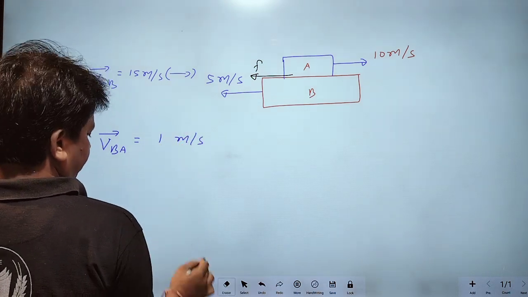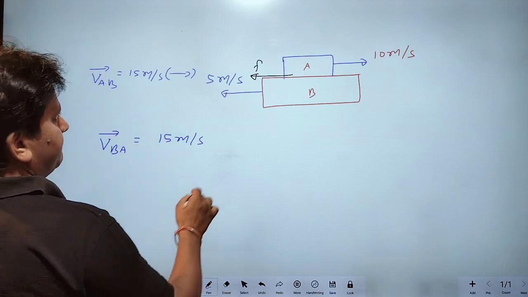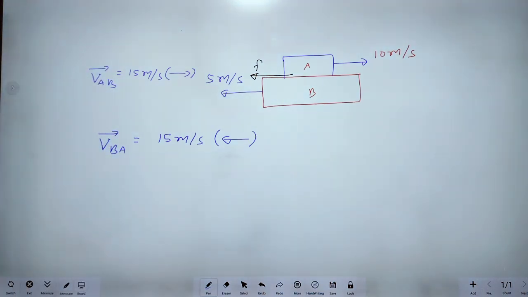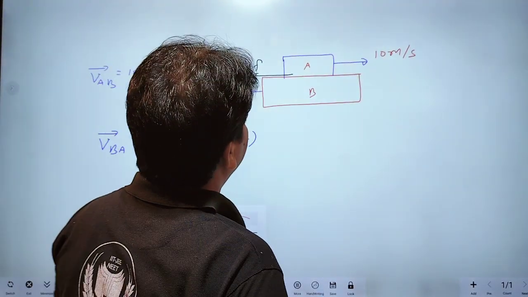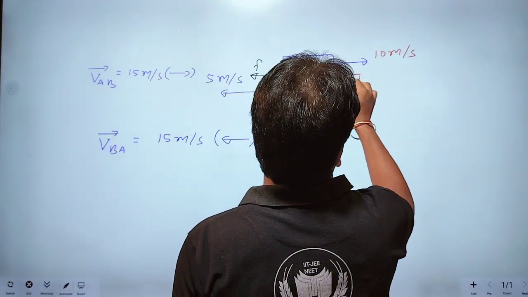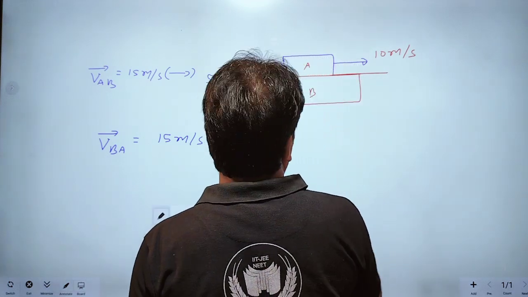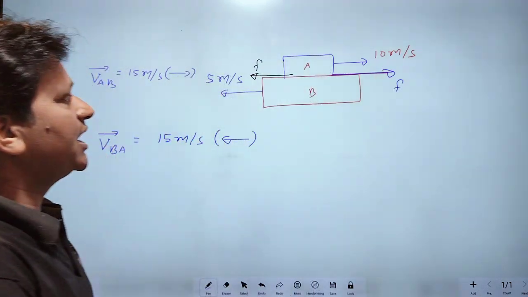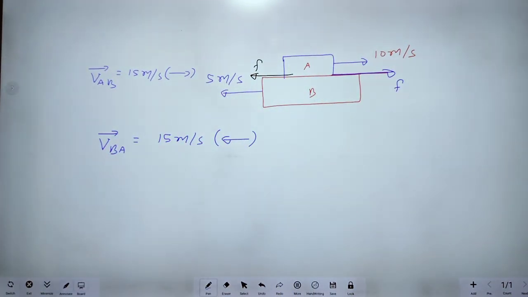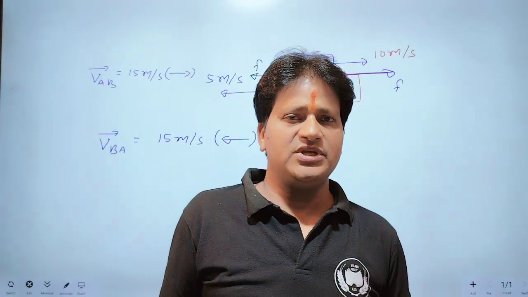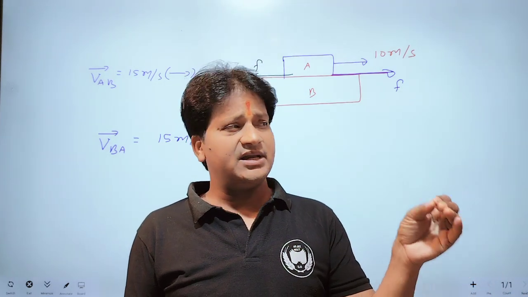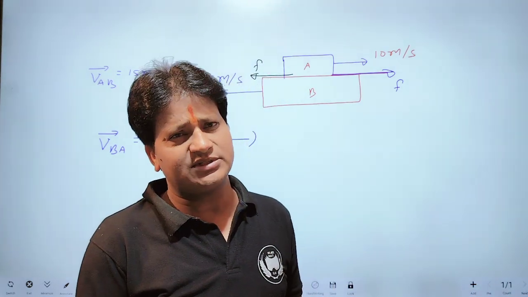Direction will be leftward. Therefore, friction force opposes the tendency of relative motion, so friction force will act in rightward direction on the block B due to A. Therefore, we can say that friction force always opposes the tendency of relative motion of surfaces of contact.